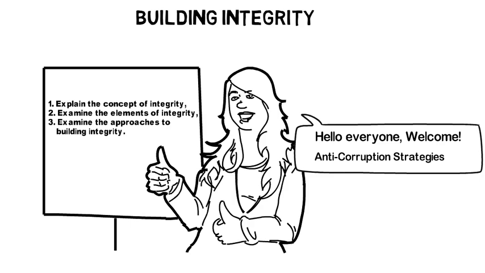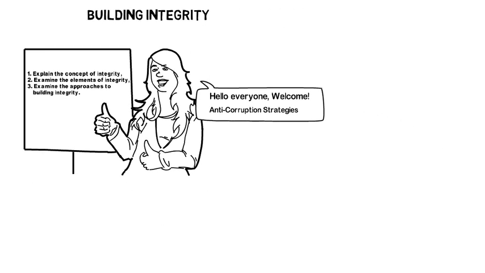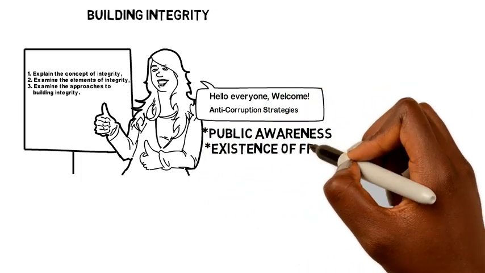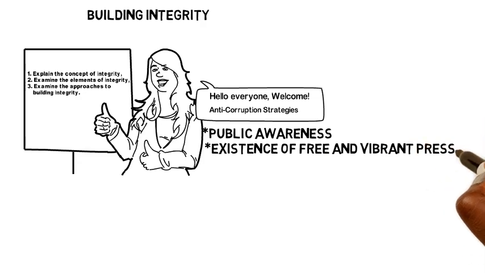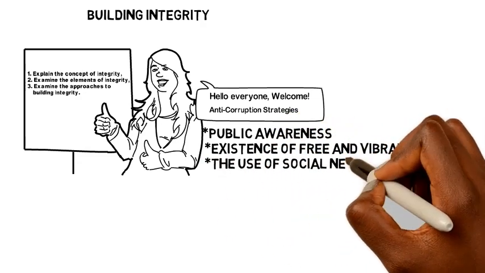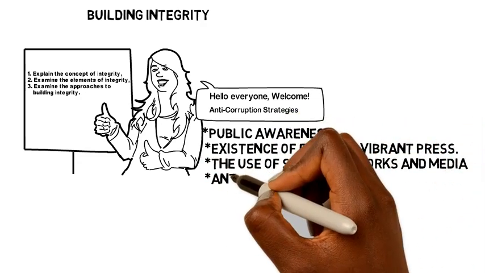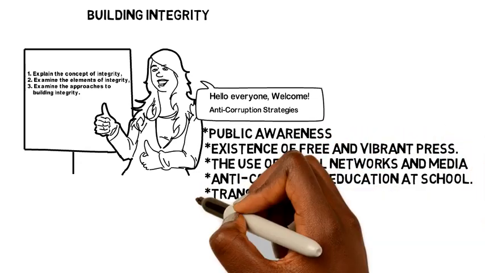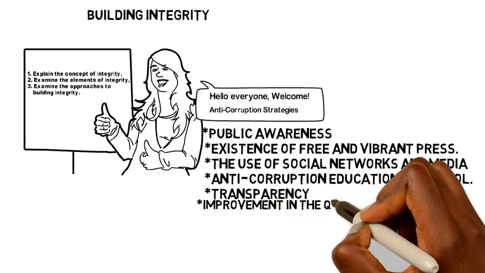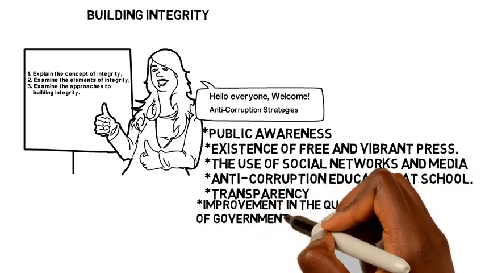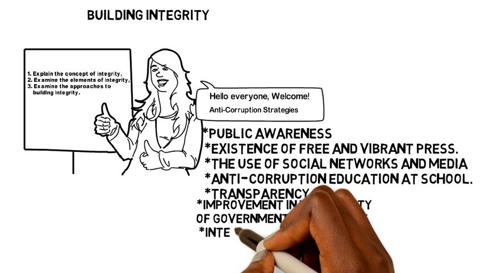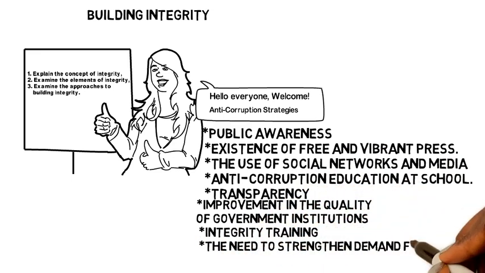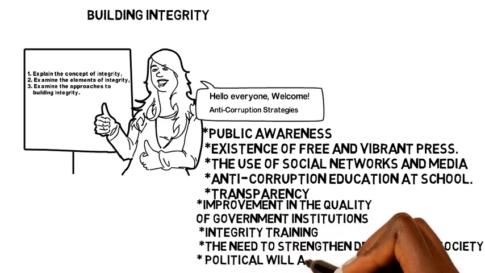Some anti-corruption strategies are public awareness, existence of a free and vibrant press, the use of social networks and media, anti-corruption education at school, transparency, improvement in the quality of government institutions, integrity training, the need to strengthen demand from society, political will and good leadership.